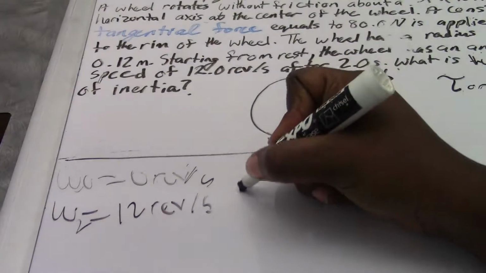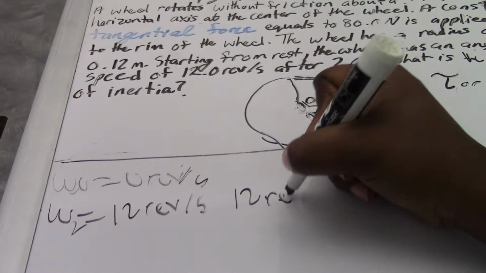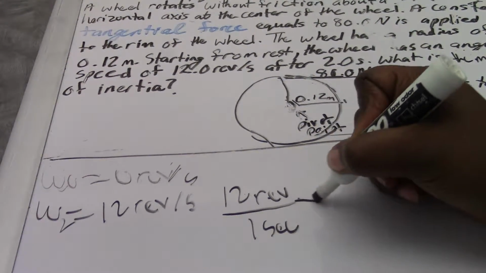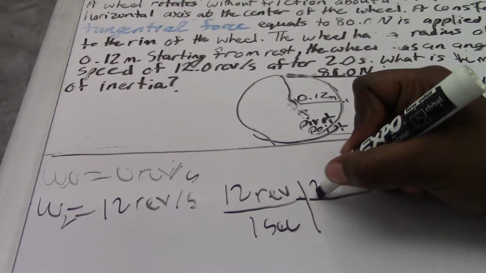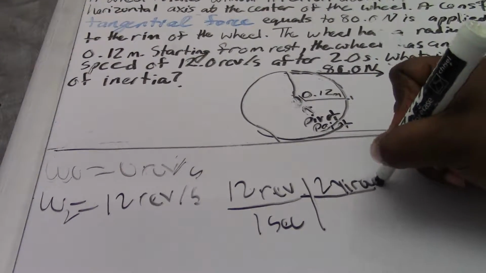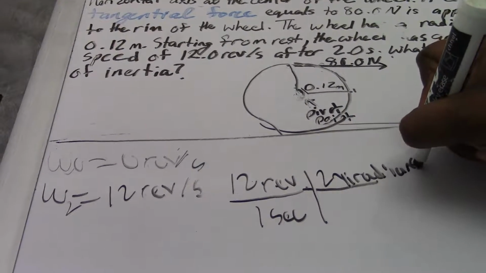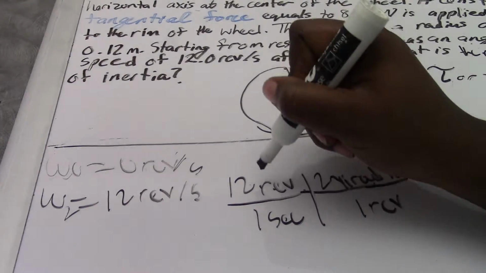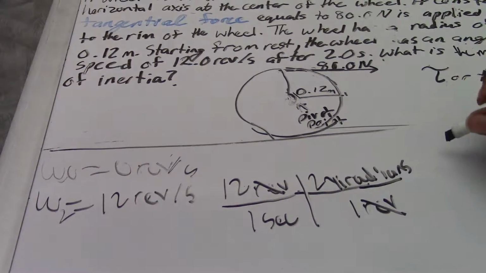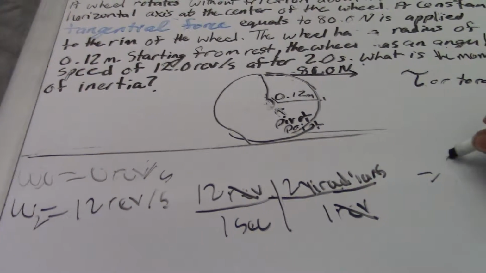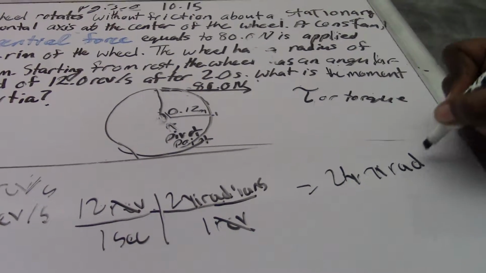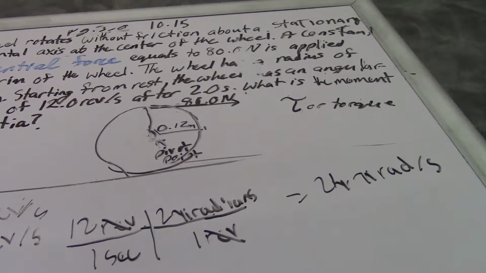So it's going to be 12 rev over 1 second times 2 pi radians over 1 revolution. The revolutions are going to cancel each other, and you're going to be left with 24 pi radians per second.